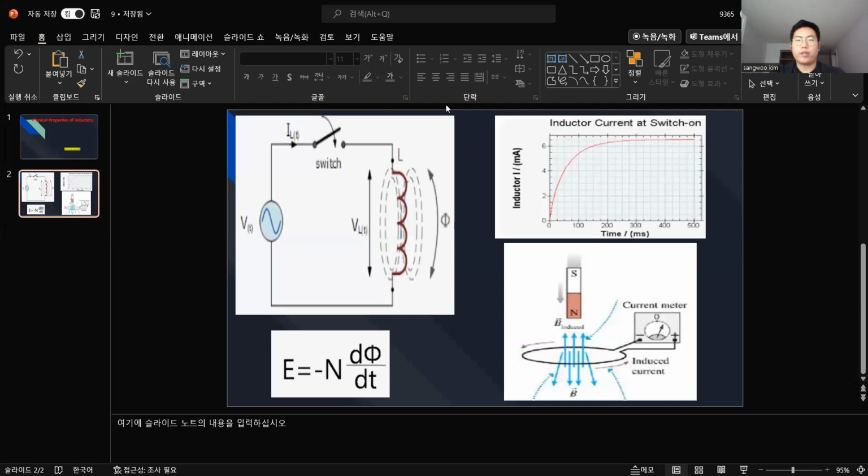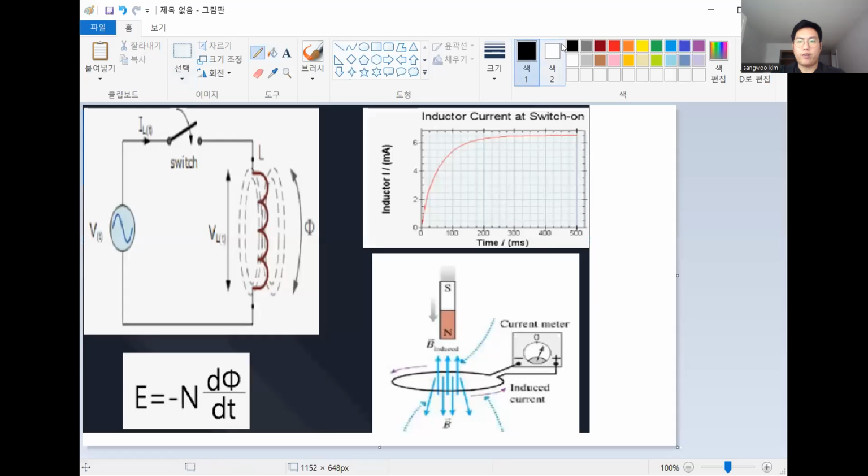So let's move on, guys. First of all, you need to remember the inductor is an inertia element, inertia. You guys know inertia, right?